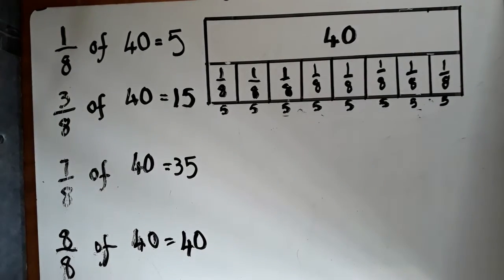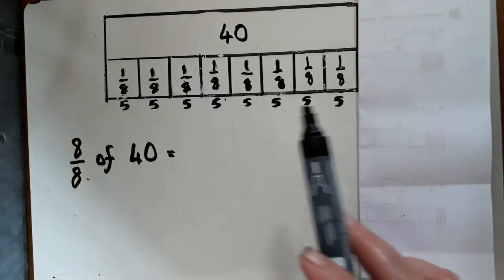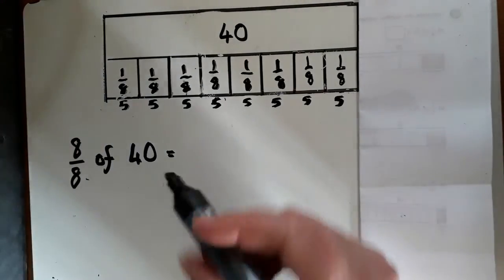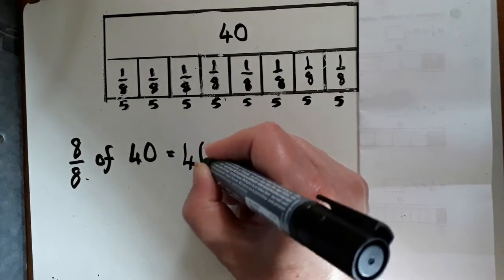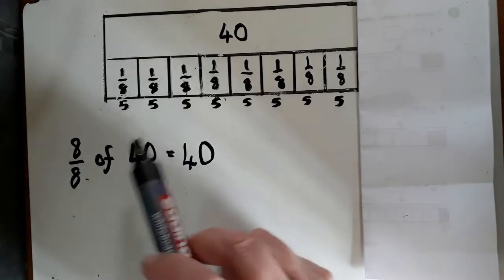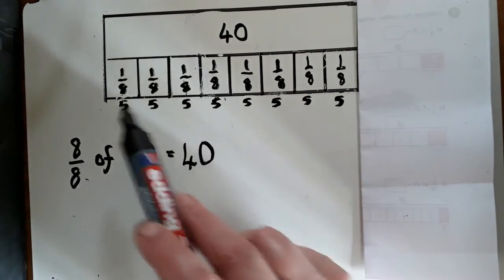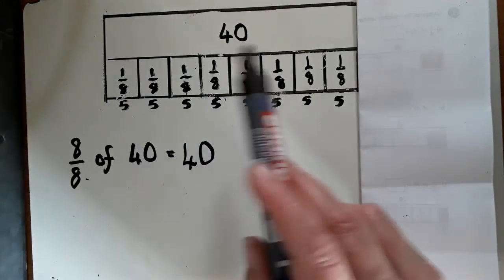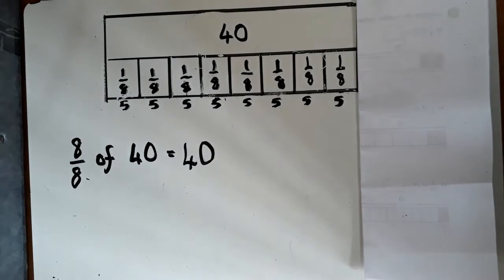So if we have 8/8 of 40, we have the whole quantity of 40. And we know that 1/8 is 40 divided into 8 equal parts, so each part must be worth 5.